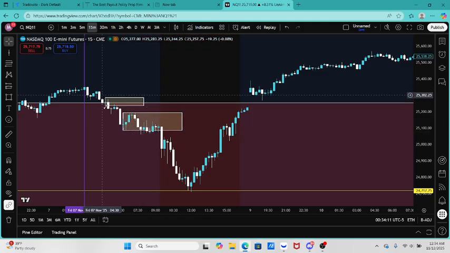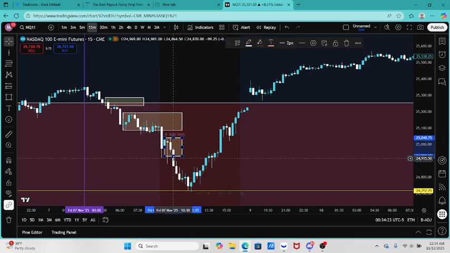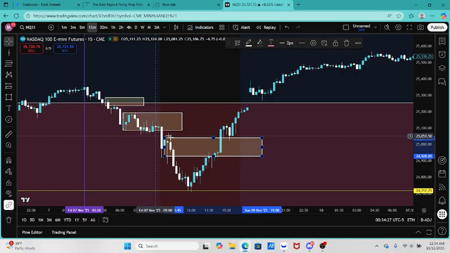So we come down, create order blocks, and see how all these order blocks are just holding price down. Now, once you see price do something like this, see how it creates an order block, came back into it, dropped lower, another order block, held it lower.